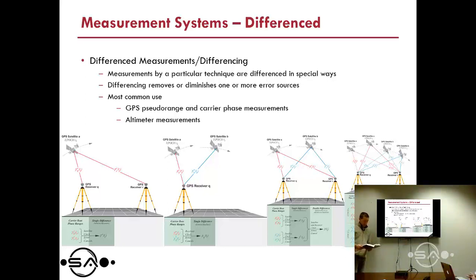So let's take selective availability first for a second. Do you remember what selective availability was when we talked about GPS a little while ago? No? Okay. Selective availability is essentially when they dither the clock. The people that know how to do orbit determination eventually got a hold of somebody and said, what the hell are you doing?